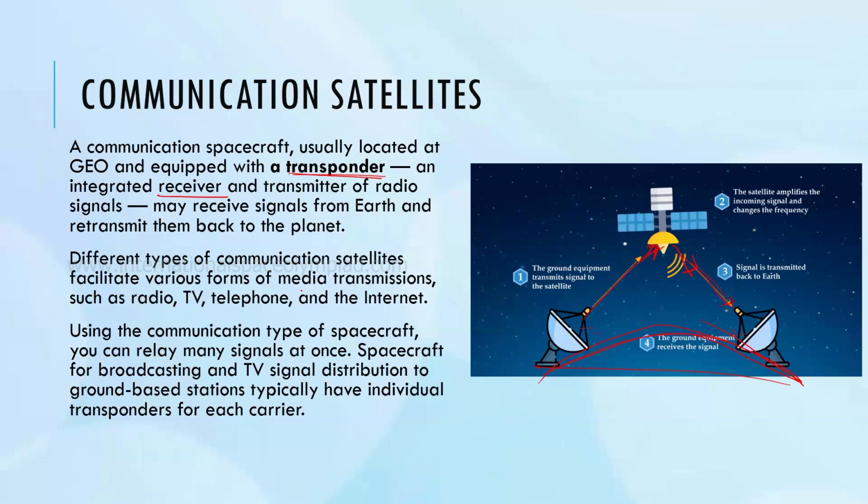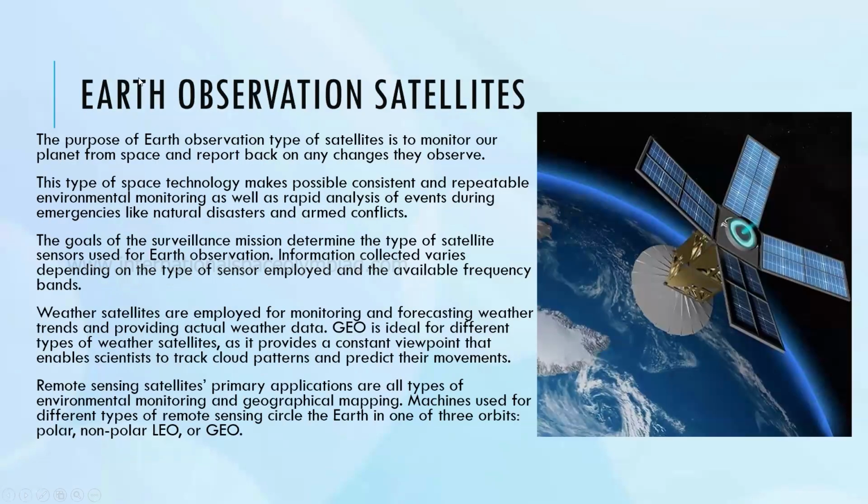It is usually used for media transmissions such as radio and TV, satellite TV, satellite telephone, and even the internet can be accessed using that. So these are all called communication satellites. Okay. Now the next one is Earth observation satellites, or EOS.